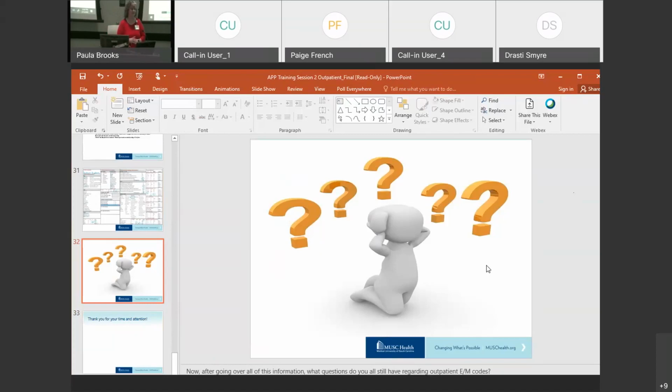No, we're not doing that. Telephone management, there are codes for that. Is it just that we at MLC are not doing it? This is like a 99443, which is telephone eval and management to an established patient. There are very, very specific criteria that have to be met and documented.